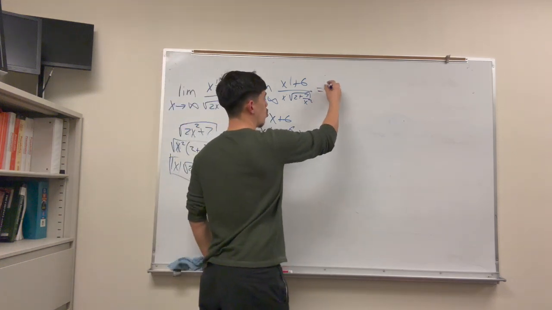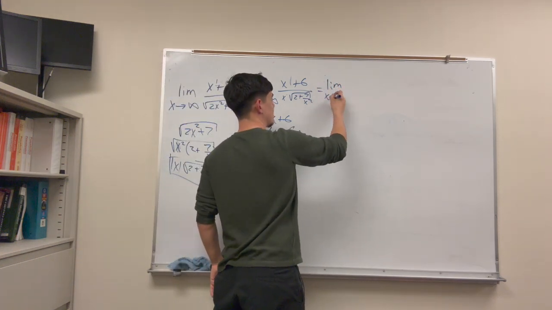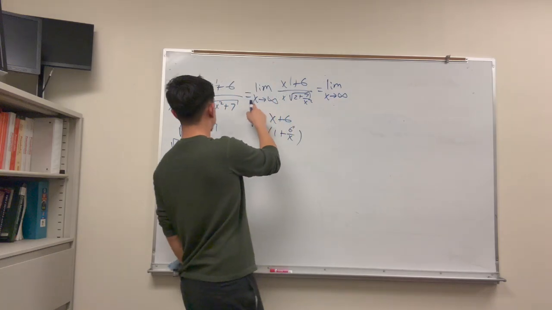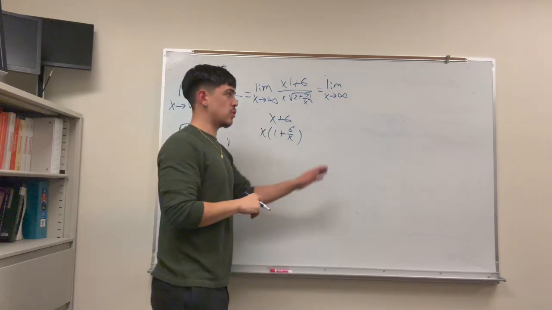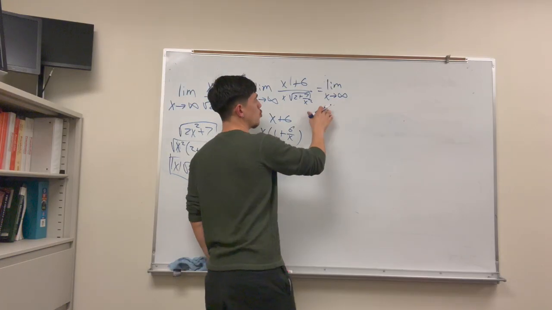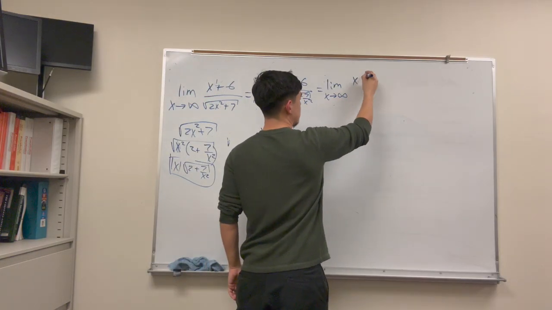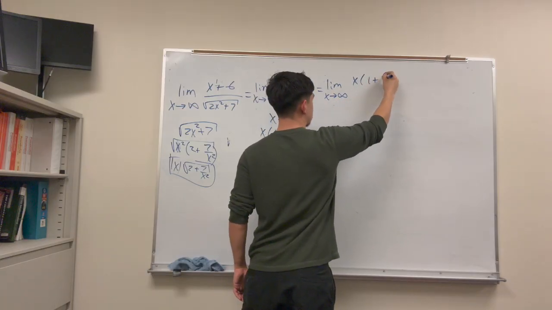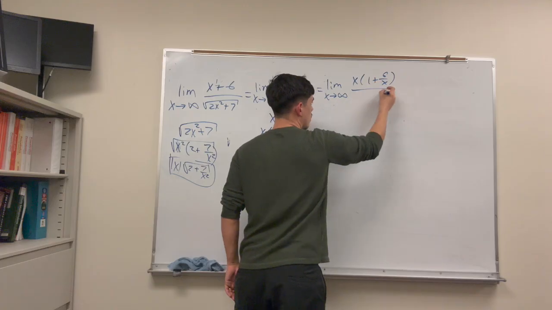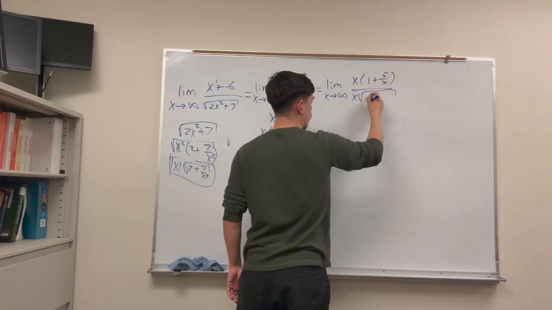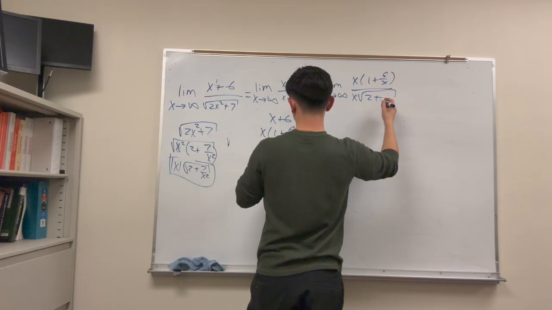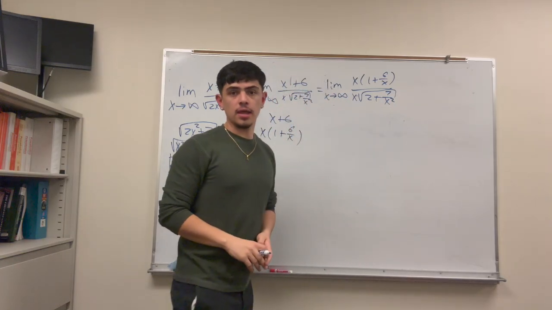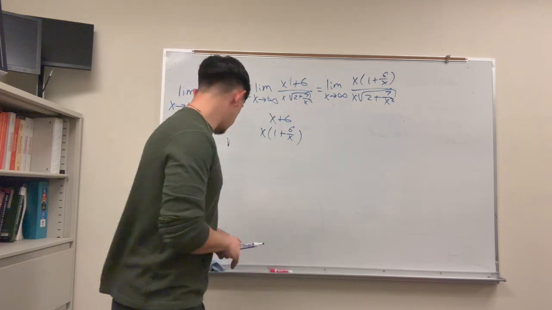So now, we're almost done with the limit as x approaches infinity, and your professors are probably always gonna want you to write limit every single time you write an equal sign, because you haven't actually taken the limit yet. So we have limit as x goes to infinity of x times 1 plus 6 over x all over x times the square root of 2 plus 7 over x squared, right?